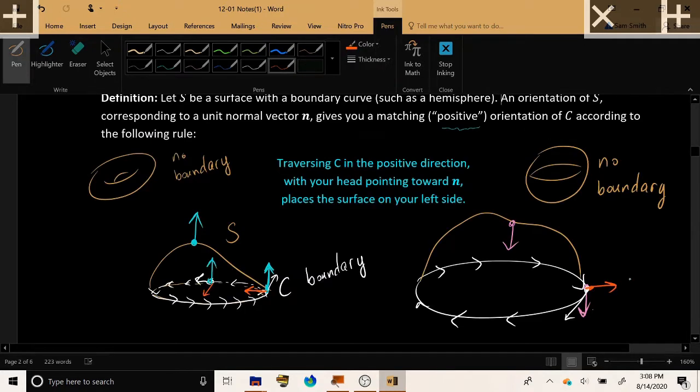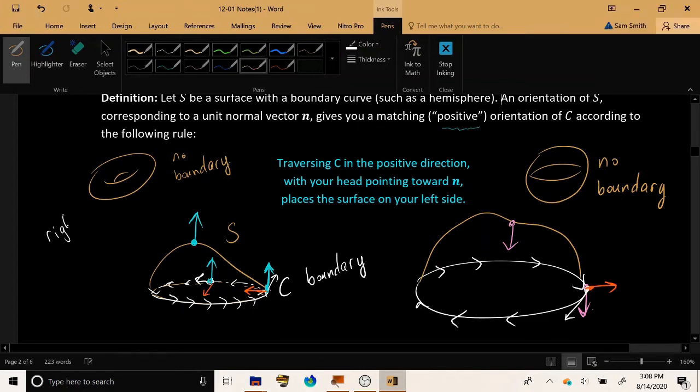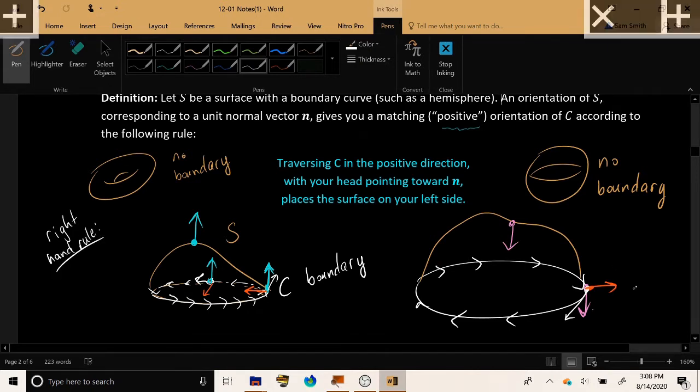Okay. Now, it can also be easier to remember this in terms of a right-hand rule, especially when the surfaces are upside down, as the one is here on the right-hand side.